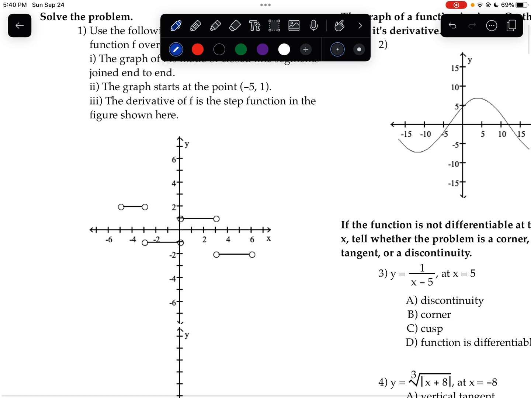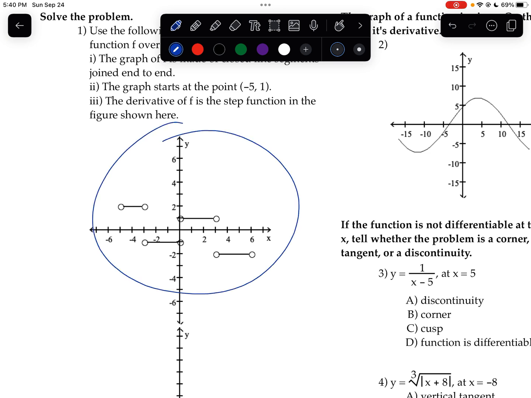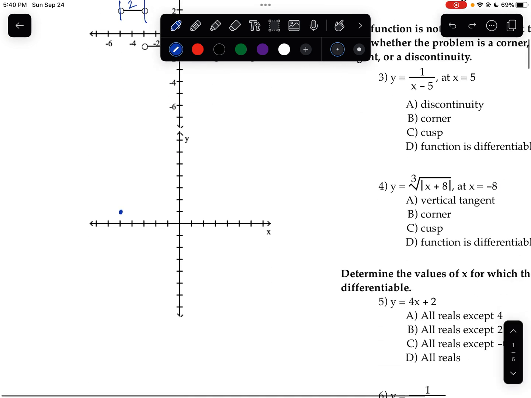Since this right here is the derivative of f, that means that from -5 to -3, the slope is 2. So that means this graph has to have a slope of 2. So it has to go up 2 over 1. So its next point will be right about here.